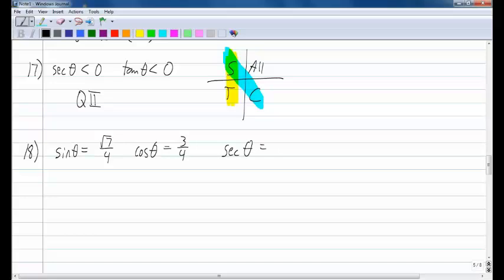The fastest way to find the secant of theta is to remember that secant of theta is 1 divided by cosine of theta. So it's the reciprocal. Secant is the reciprocal of cosine. So you see the answer for cosine? Take the reciprocal. That's the answer for secant. So 4/3. And we're done.